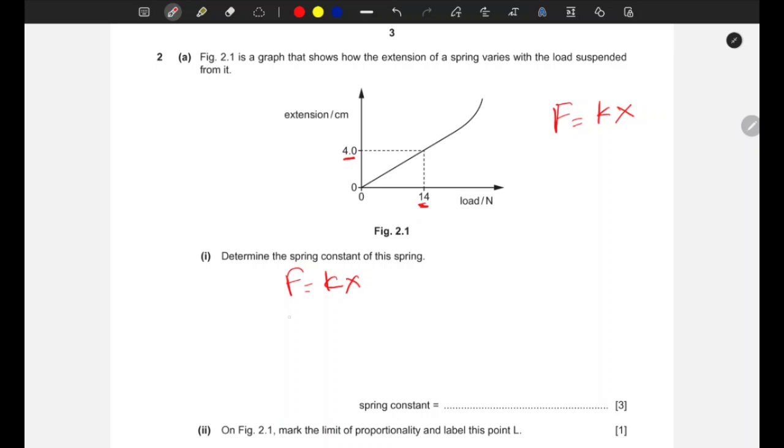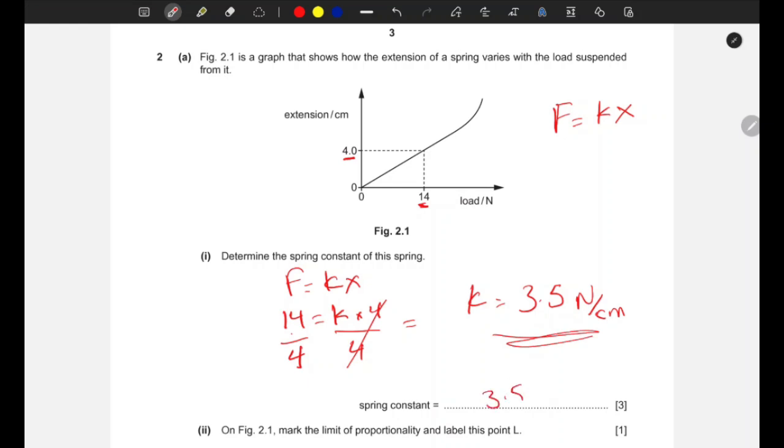So we can replace the values: when the load is 14 newtons, it would be k times 4. So we can divide both sides by 4. So the spring constant would be 14 divided by 4, which would give us 3.5. And since we divided the force by the extension, it's going to be newton per meter, or newton per centimeter in this case, because the extension is given in centimeters.